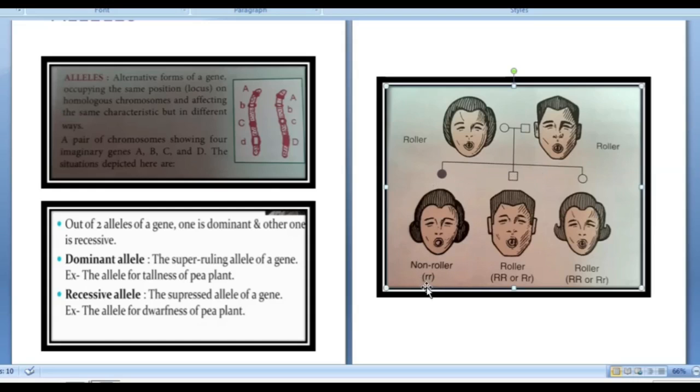Her genotype is small r small r, homozygous recessive condition of rolling of tongue. Because that is a recessive gene, she becomes a non-roller. Whereas the other two, their genotype can be capital R capital R or capital R small r. That means whether they are homozygous dominant or heterozygous, they will be capable of rolling their tongue, because in presence of capital R, small r will not express, the non-rolling character will not express itself.